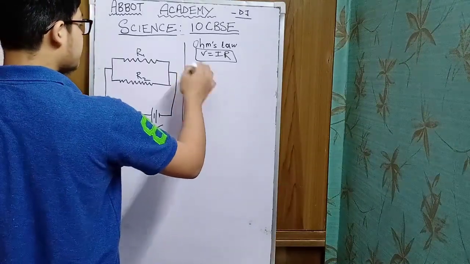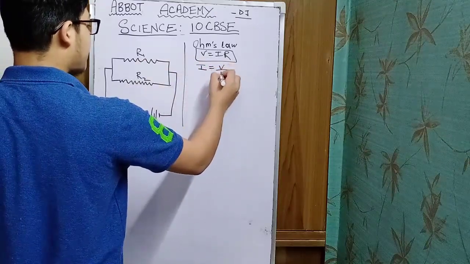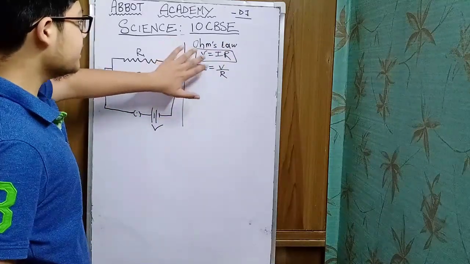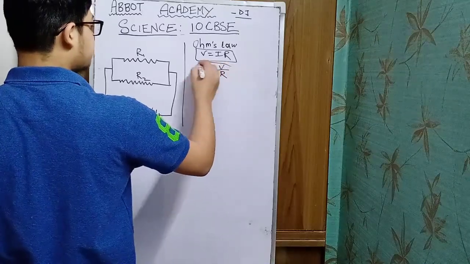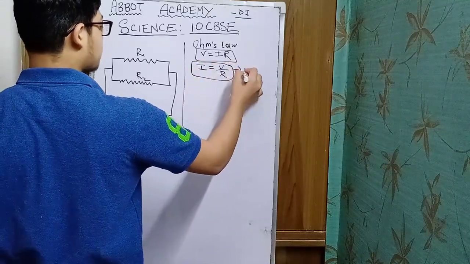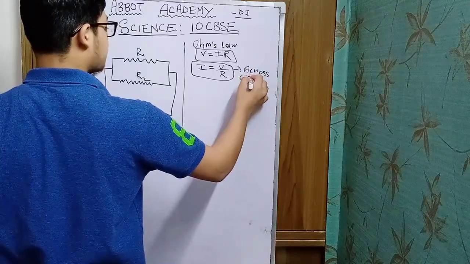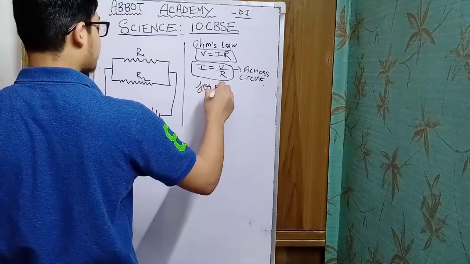So I can write the current across the whole circuit as I is equal to V by R. This is for across the circuit.